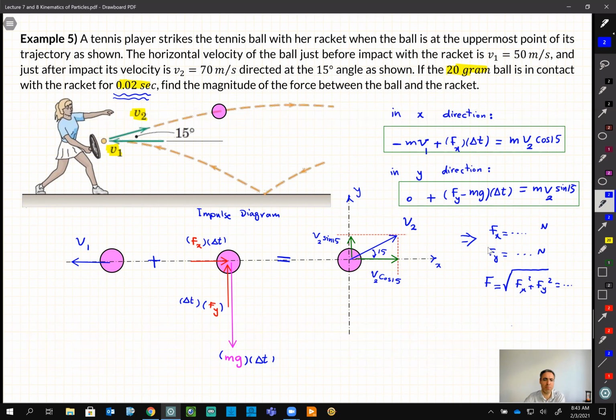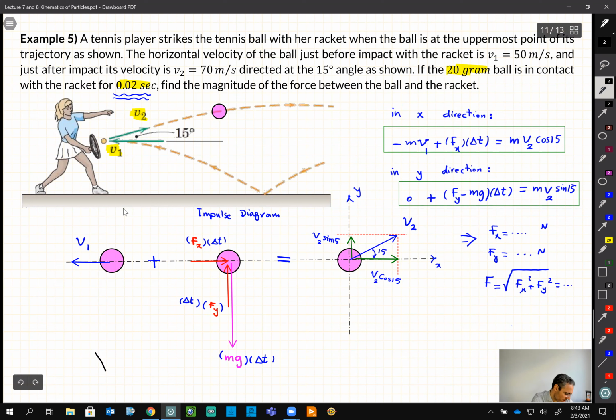Please let me know if you guys have any questions. I'm going to check the chat, the reaction force. If you mean the reaction force goes to the racket, right? We just draw one side of these things. We don't care about the racket because whatever force Fx we have here is going to be Fx on the racket. Let me draw it maybe here so we don't get messy.